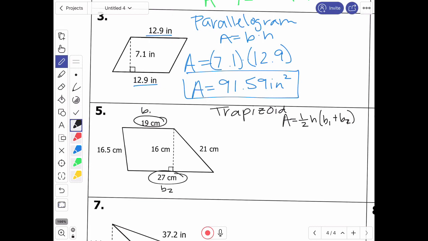Now I got to figure out what's my height. The biggest way to figure out what your height is, is wherever that right angle is formed, okay? Some people want to put 21 or 16.5 just because, oh, it's the height right there. But that's not really the true height of this trapezoid. So the true height is formed by making this perpendicular line with the bases. So my height has to be 16. Okay, so now we have everything to find area.